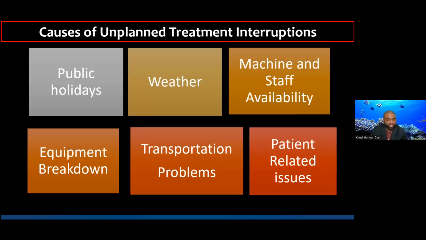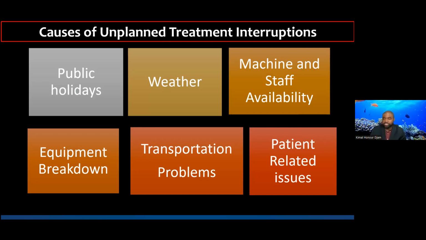And so the question remains. Keep in mind that one of the main principles of radiation therapy really is to deliver the total fractionated dose without interruption and without a prolongation of the overall treatment time.